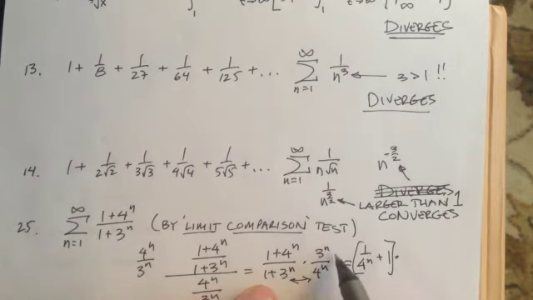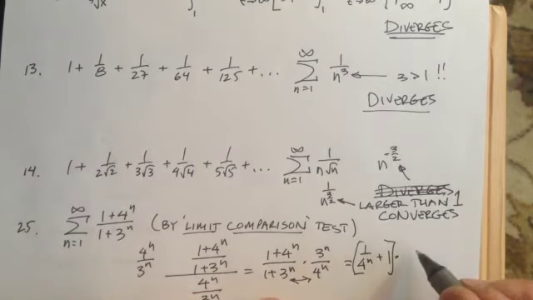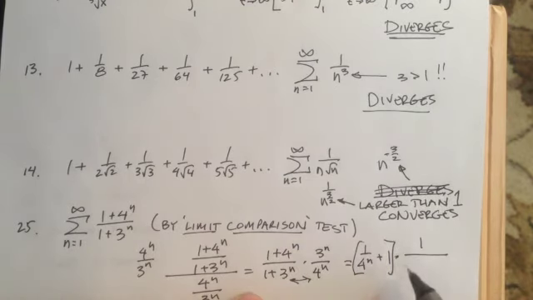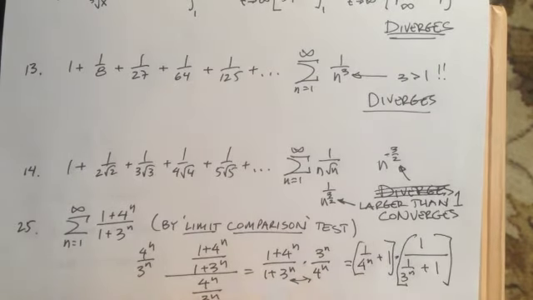If I multiply top and bottom by 1 over 3 to the n, then this becomes 1 over 3 to the n plus 1. So I have just reworked this, and now this is the limit as n goes to infinity. Well, this just goes to 0, and this goes to 0, so that's 1 over 1 goes to 1, and 1 times 1 equals 1.